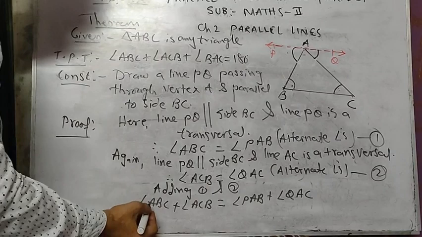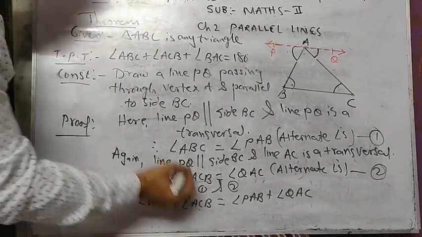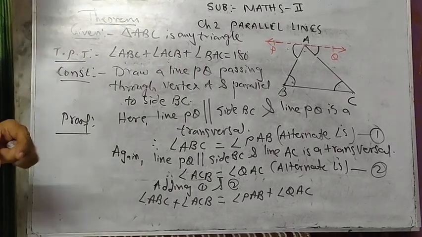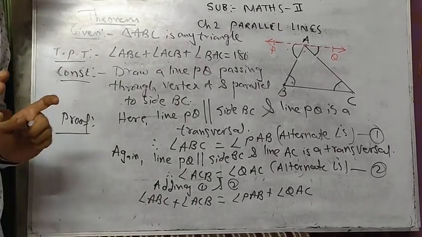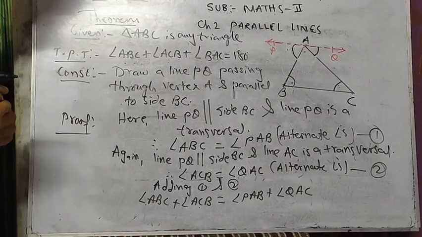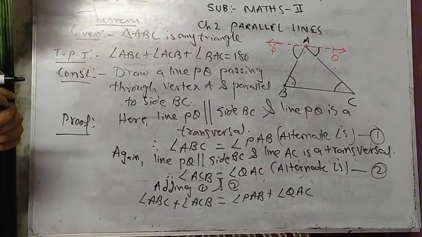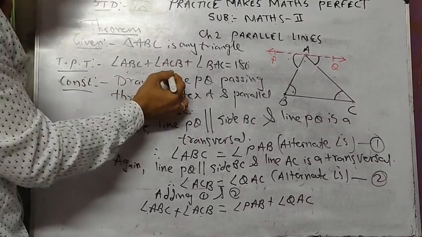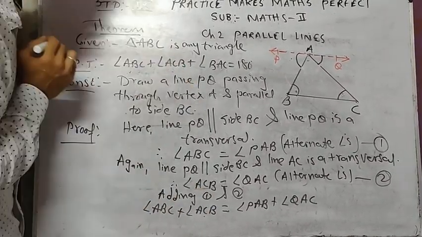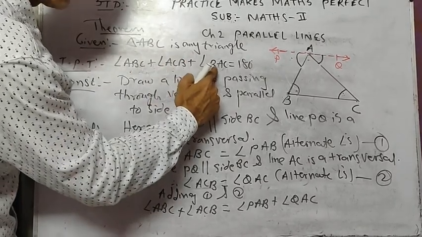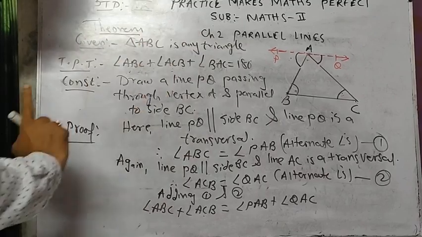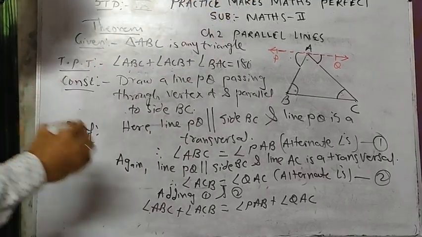So angle ABC and angle ACB you got here. Now which angle is remaining? ABC and ACB you took already. What is remaining now? Angle BAC is remaining. So adding angle BAC to both the sides.